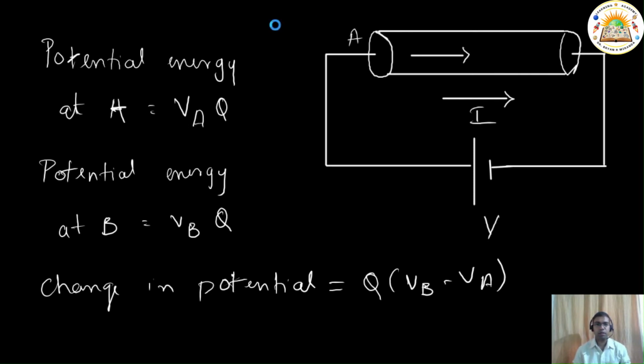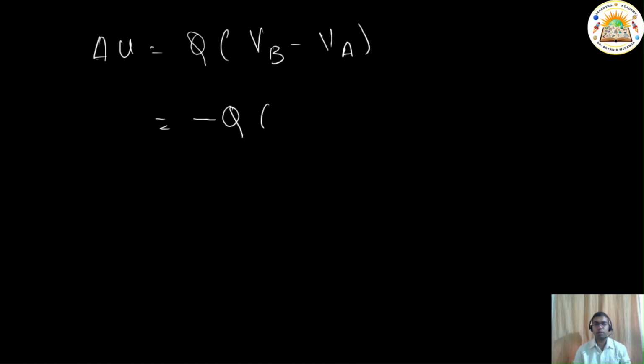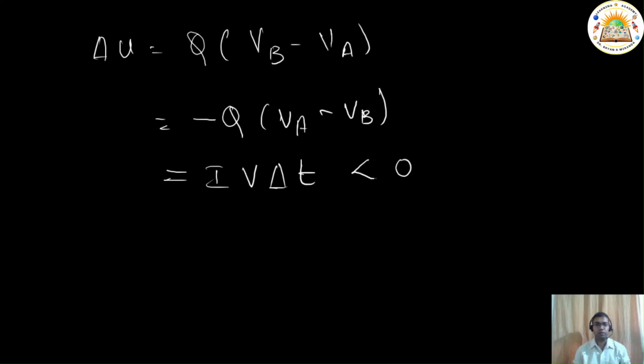So I can write delta U is equal to Q times (VB minus VA), which is also equal to minus Q times (VA minus VB), which is equal to minus IV delta T. Now this value is going to be less than 0 because it's a negative value that is already there.